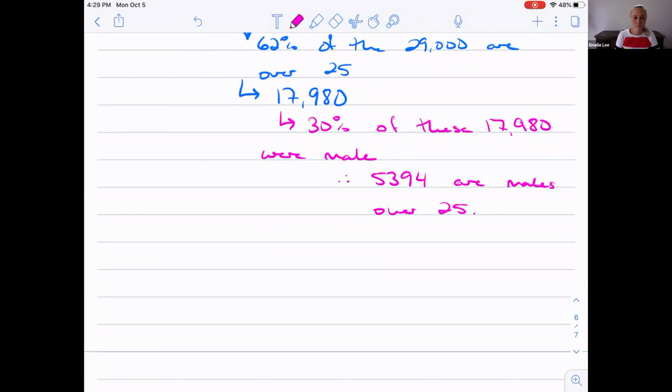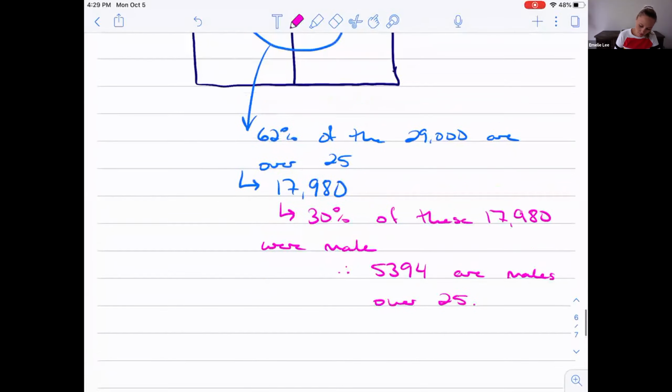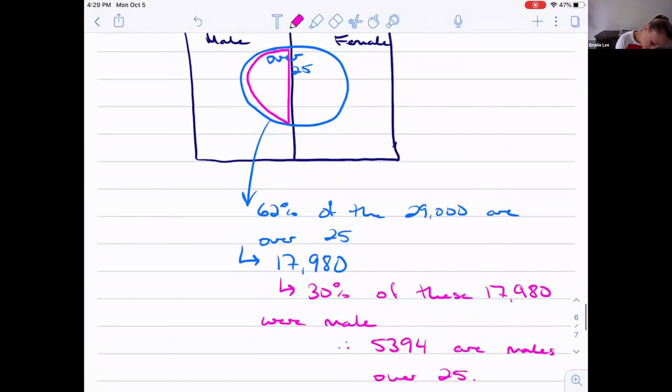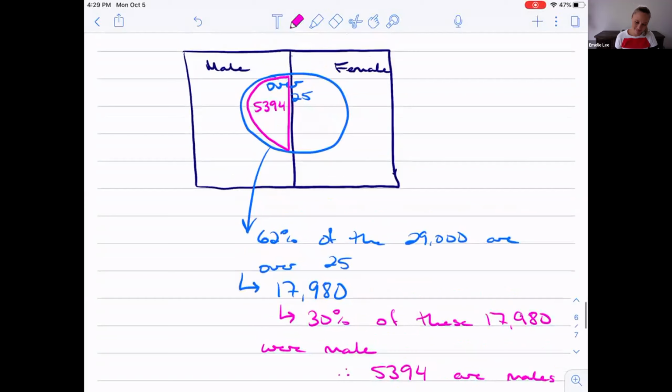Okay. So I'm going to put that number in here. And just to show that I've got this kind of distinction, pink for males. Yeah, can you believe it?